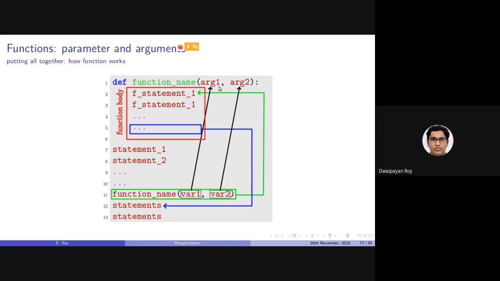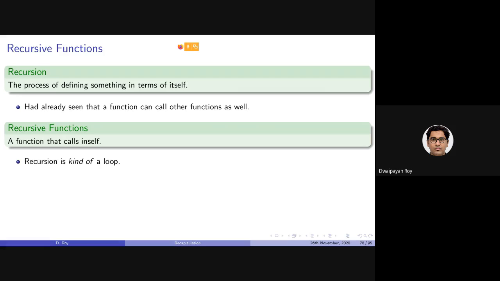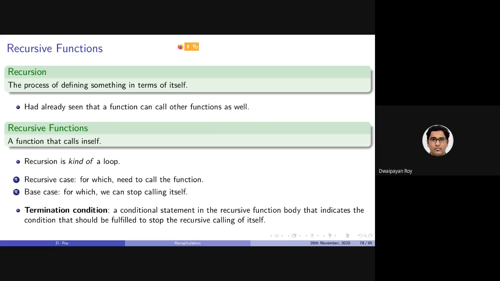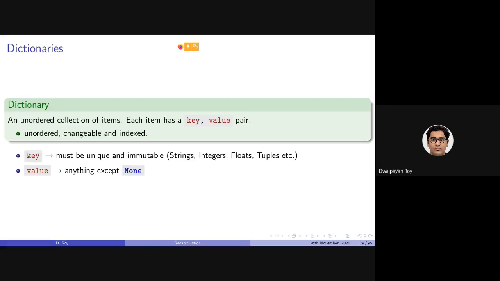But as I stated during the class, arguments and parameters are used interchangeably throughout. We also discussed recursive functions and some limitations of using recursive functions in the last class.